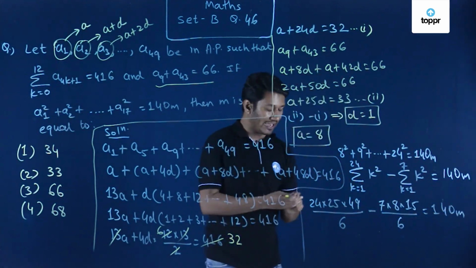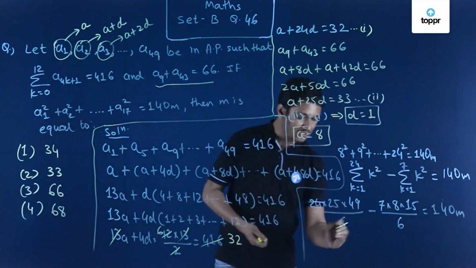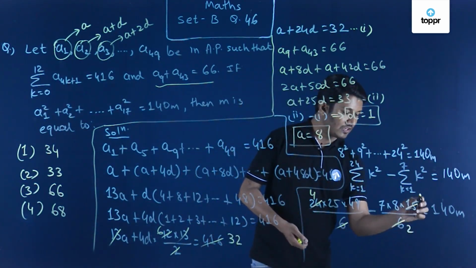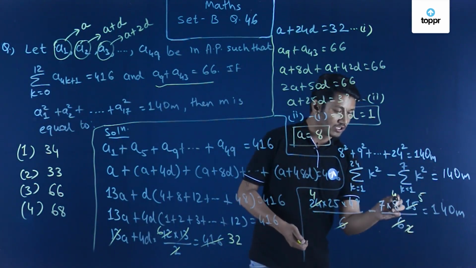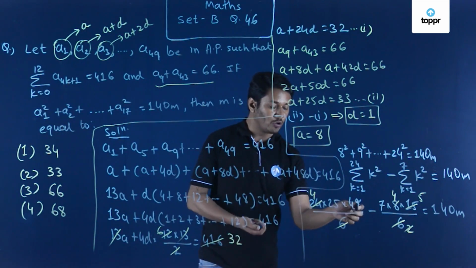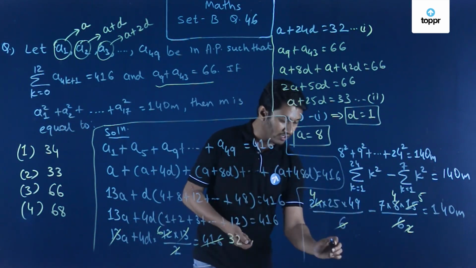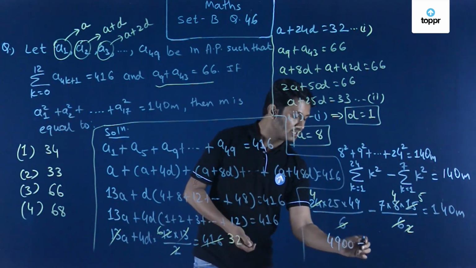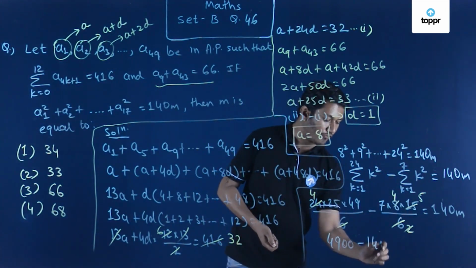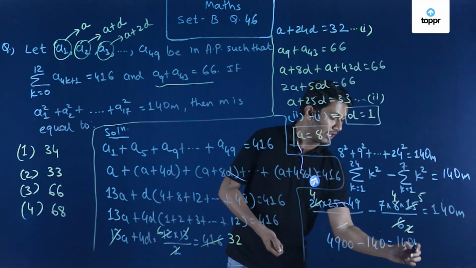So let us carry out few cancellations here. You can see that 6 4s are 24. Here 3 2s are 6, 3 5s are 15, and 2 4s are 8. So we will have 25 into 4, which is 100 into 49. So that is 4900 minus, here we will have 5 4s are 20 into 7 is 140, and this is 140 m.